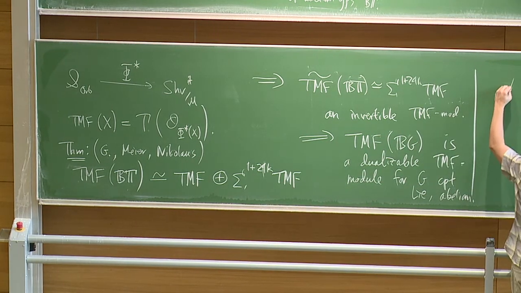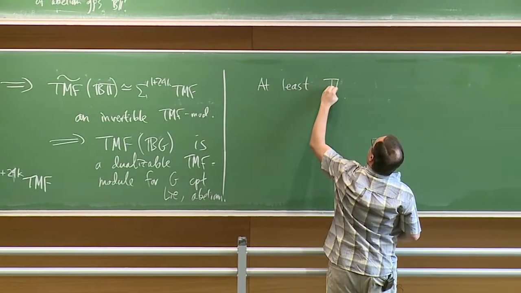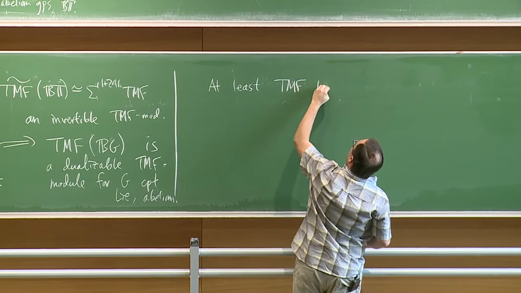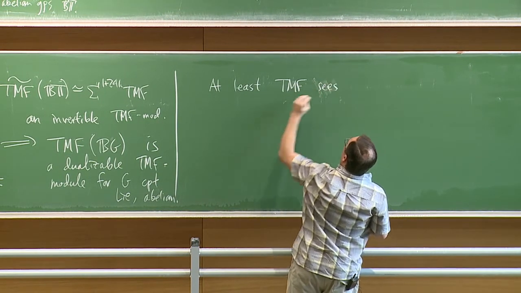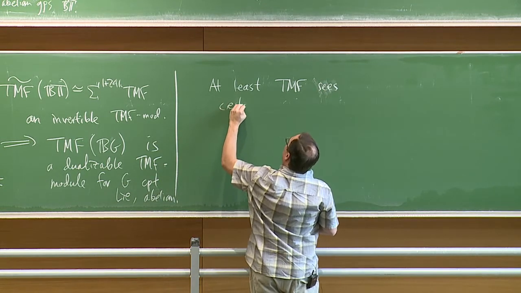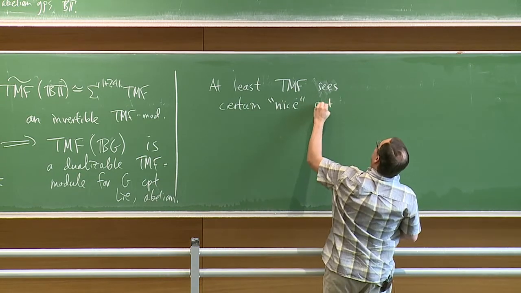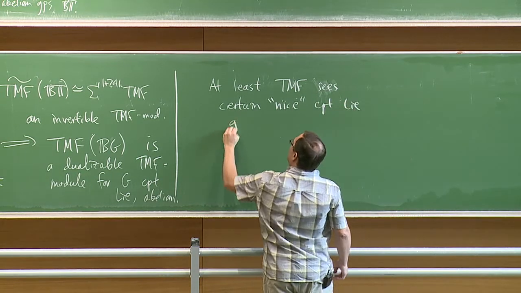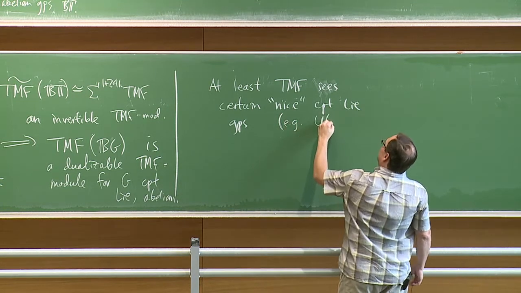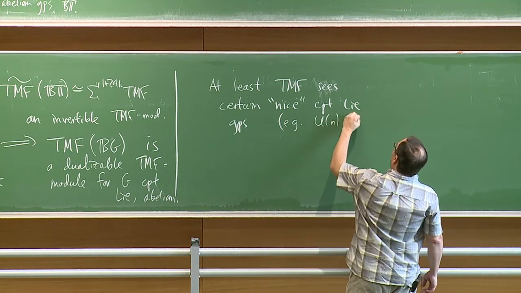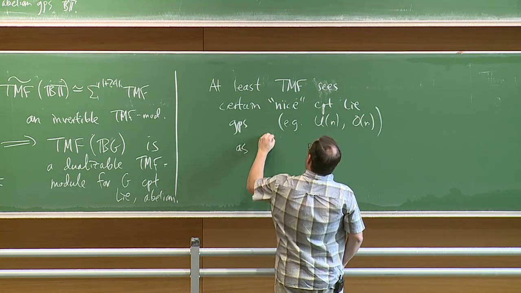So at least TMF sees certain nice compact Lie groups, like UN, ON, etc., as dualizable.